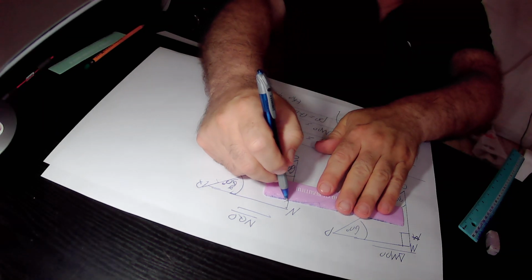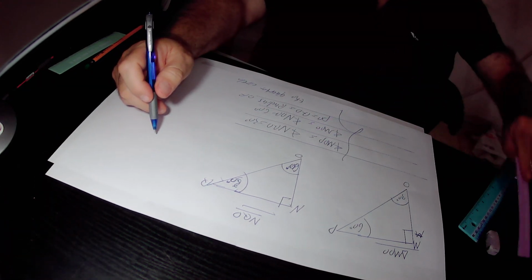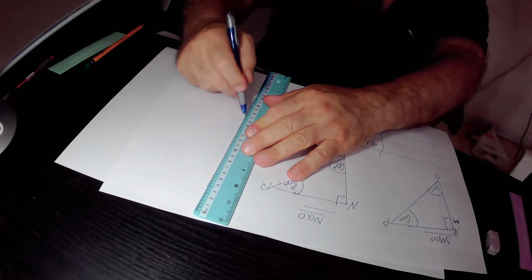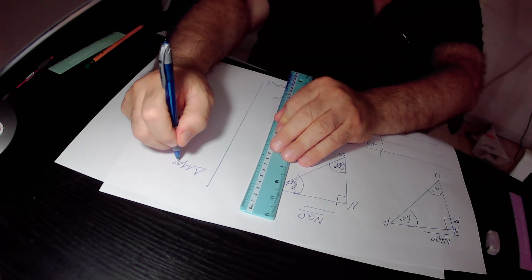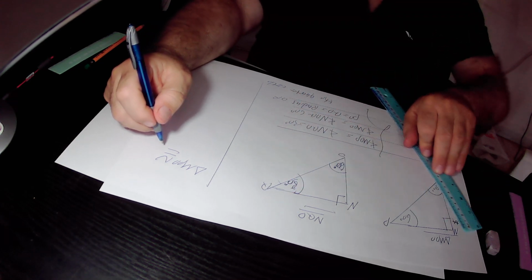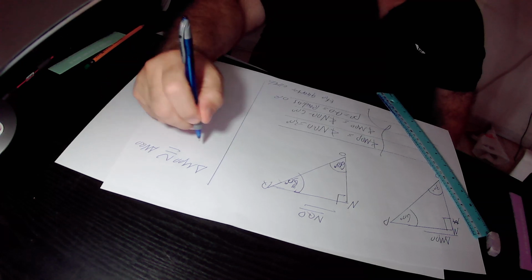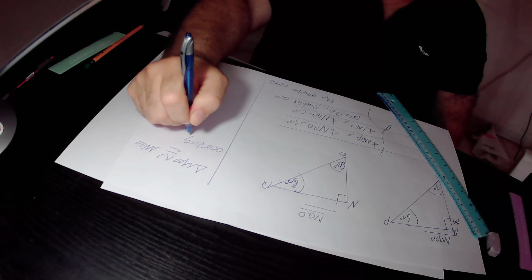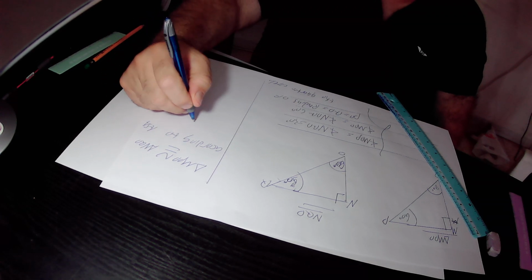So I write it down: the right triangle MPO is congruent, this is the sign of congruent, to the right triangle NQO according to the angle side angle rule.